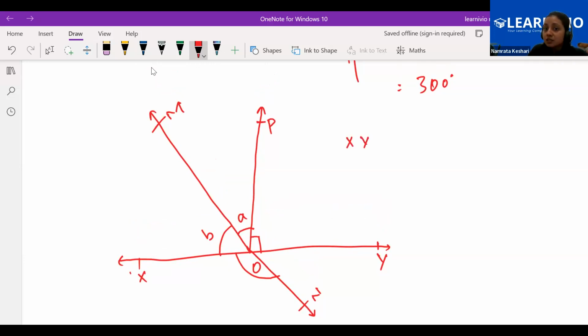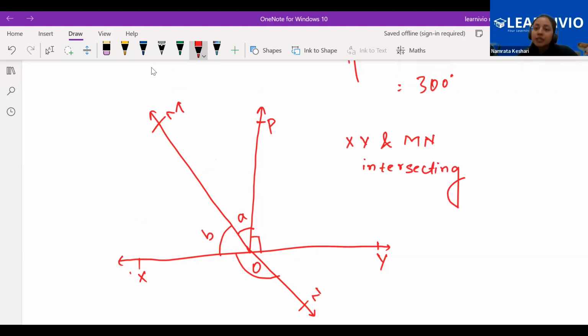This statement also is very important, that XY and MN intersect each other. The straight line XY and the straight line MN are intersecting each other. We will focus on it because when two lines intersect each other, we are going to get a pair of vertically opposite angles.